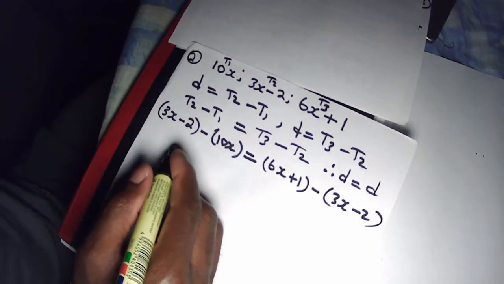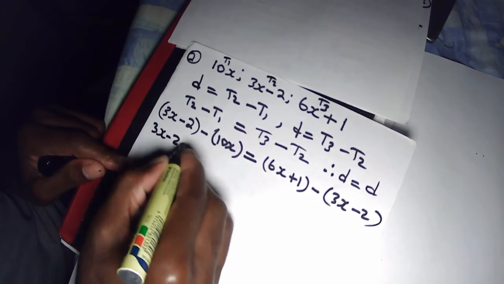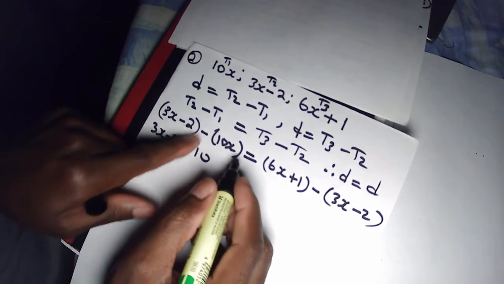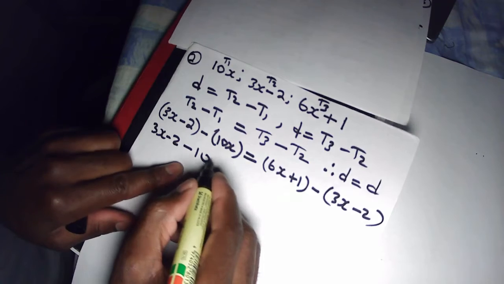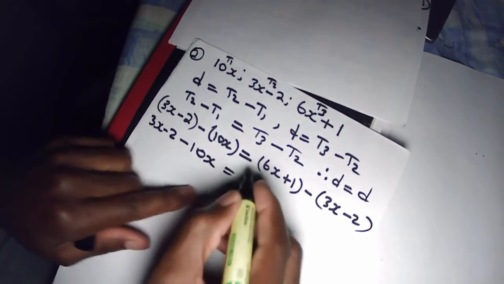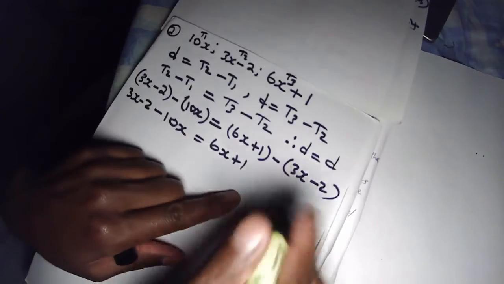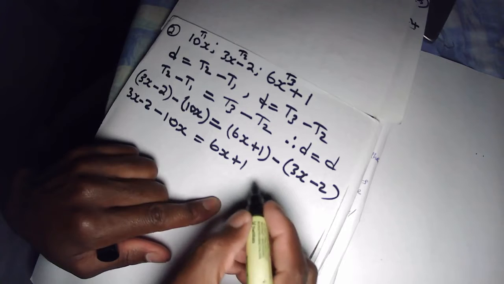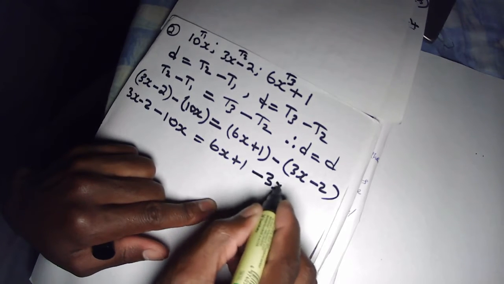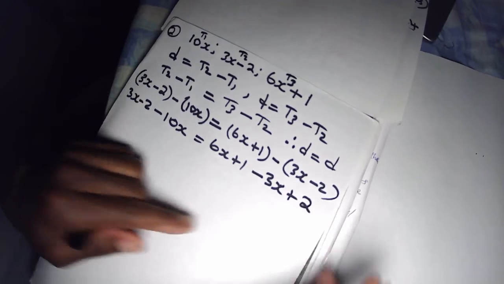Okay, I'm doing this a bit faster. I'm dropping the parentheses. You distribute inside the parentheses, we get negative 10x is equal to 6x plus 1, right? So you distribute the negative inside, you get negative 3x. Distribute the negative, we get a positive 2.